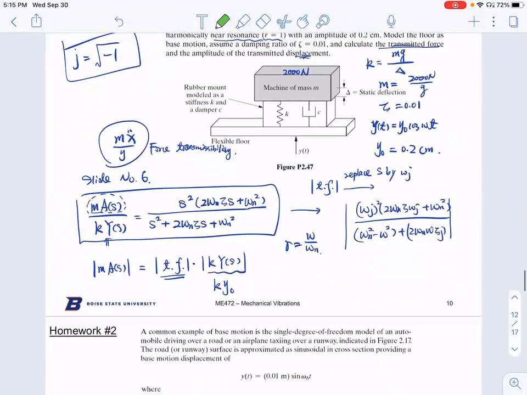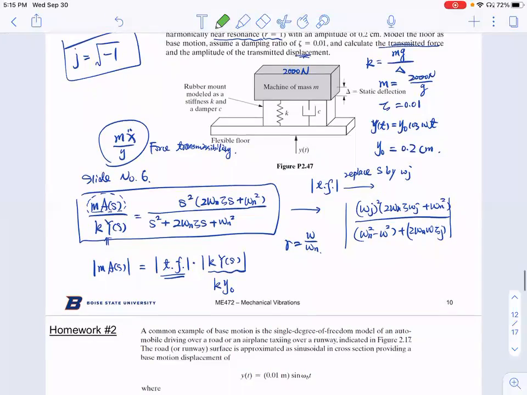If you divide both top and bottom by omega n to the fourth order, then you're going to get the equation on slide 6. Right, and then we replace the s's with the omegas. I'm going to provide a more detailed solution on Blackboard, because right now I believe the writing is a little bit confusing. At least one example in detail would be appreciated. For sure.